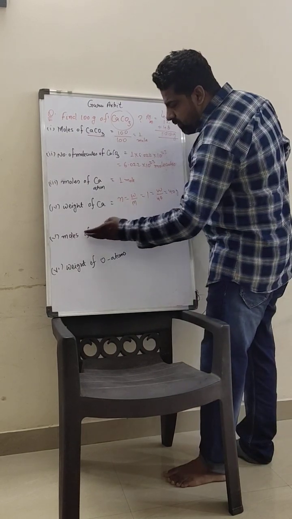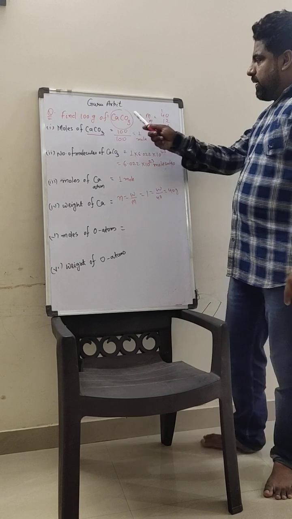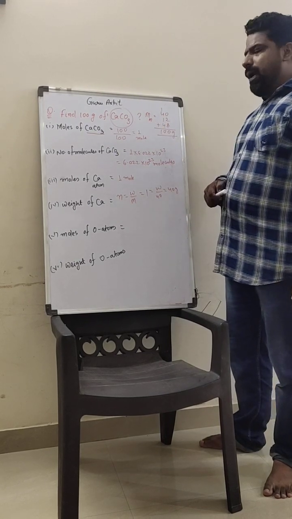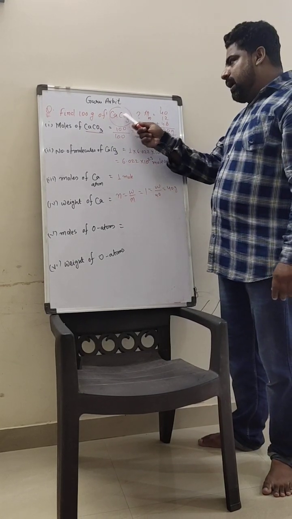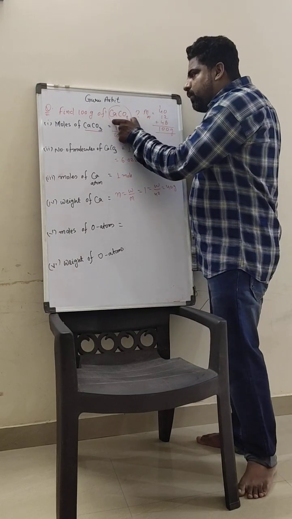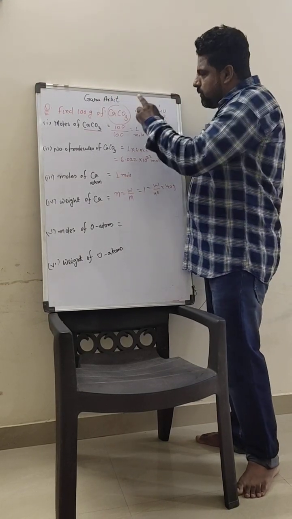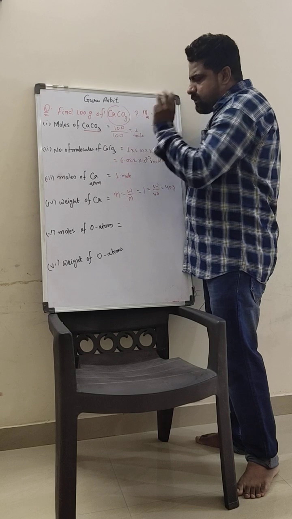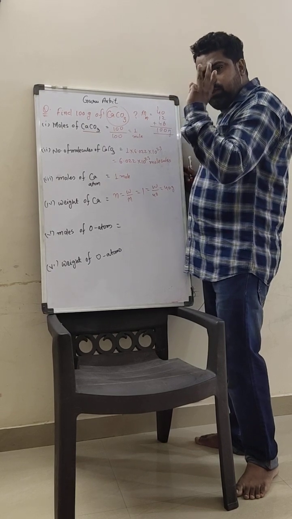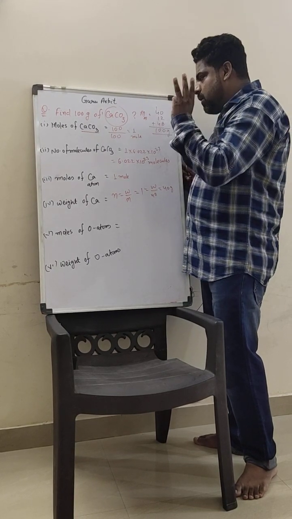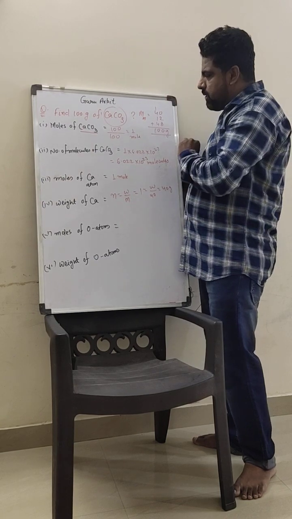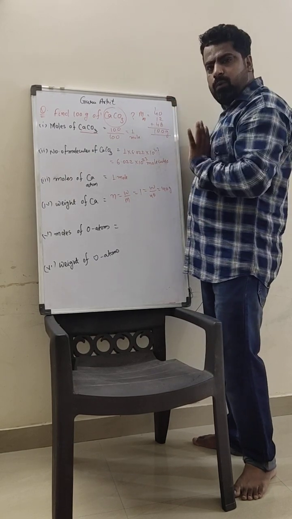How many moles of the O atoms? There are 3 oxygen atoms present in calcium carbonate. Calcium carbonate consists of 1 molecule, so oxygen consists of 3 atoms. It means 3 atoms, or we can say 3 moles. The number of atoms is equivalent to the number of moles.